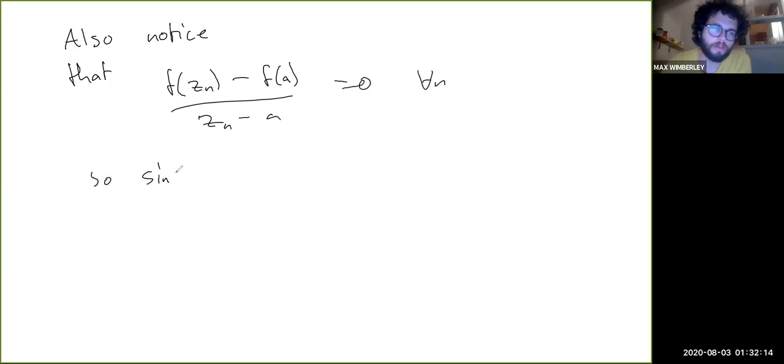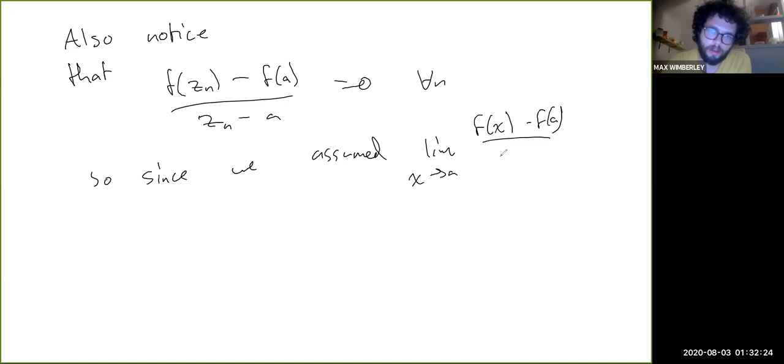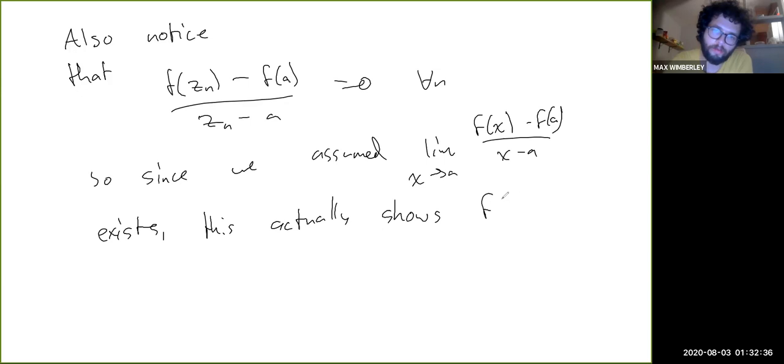So since we assumed the limit as x approaches a of f of x minus f of a over x minus a exists, this shows that f prime of a equals 0. We can find a sequence of points, zn, converging to a, for which this divided difference equals 0.